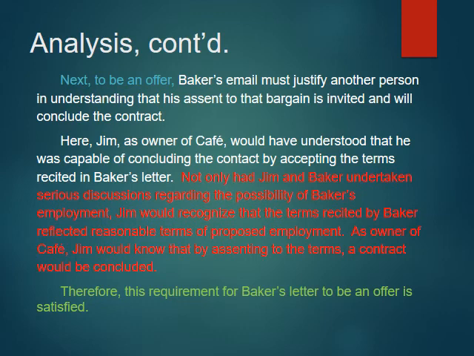And then, why do I think that? Not only had Jim and Baker undertaken serious discussions regarding the possibility of employment, Jim would recognize that the terms recited by Baker reflected reasonable terms of proposed employment. As owner of the cafe, Jim would know that by assenting to the terms, a contract would be concluded.